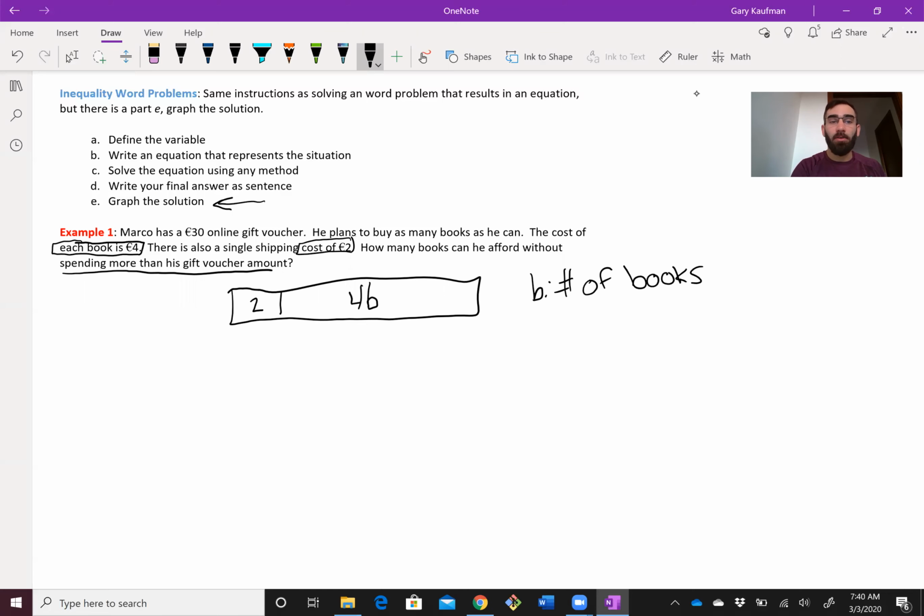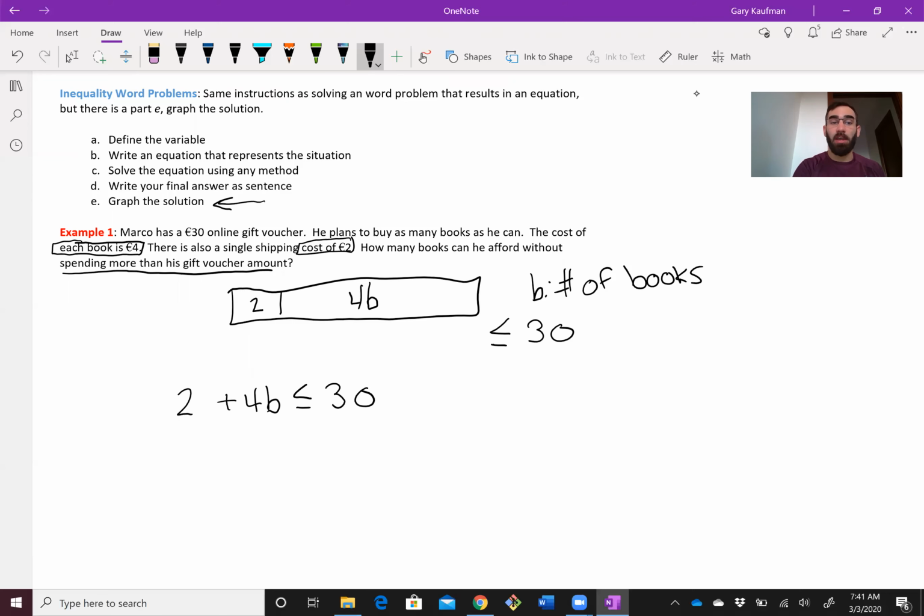Now, I'm not going to say that this is going to equal 30, because that's not the case. I want this to be no more. That's less than or equal to 30. So my inequality is 2 plus 4B is less than or equal to 30.